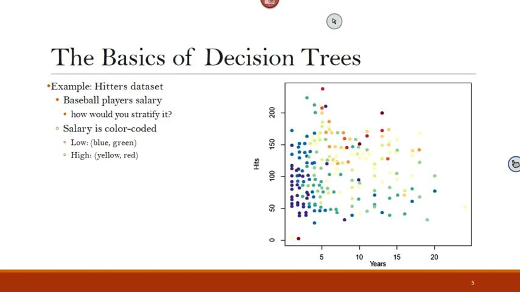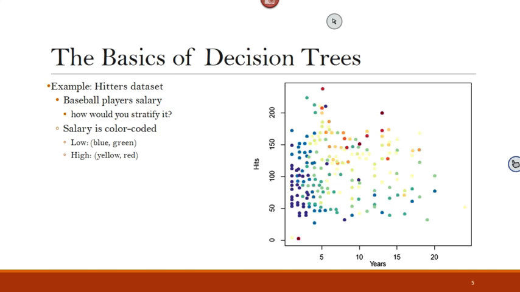Okay. So pretty much you can see in here, the more years of experience a player has, we're expecting the salary to increase. So we're looking at, pretty much in here where we have a lot of reds and yellow, and also for the number of hits. So, pretty much if you think about it, the more experience the player and the more hits the player has, successful hits in previous leagues, we're expecting the salary to be high for those players.